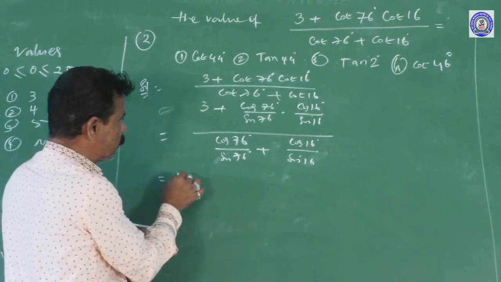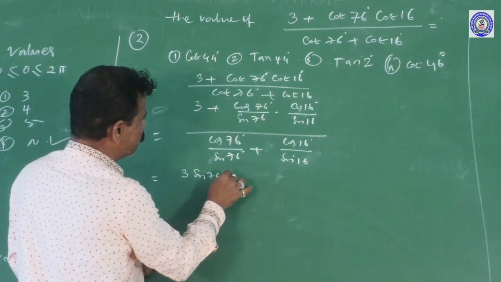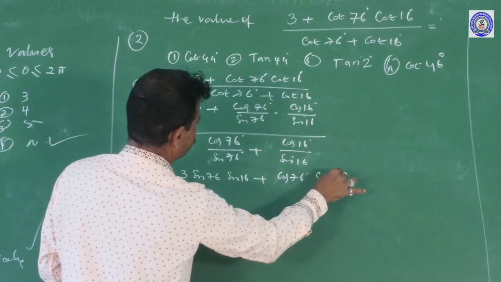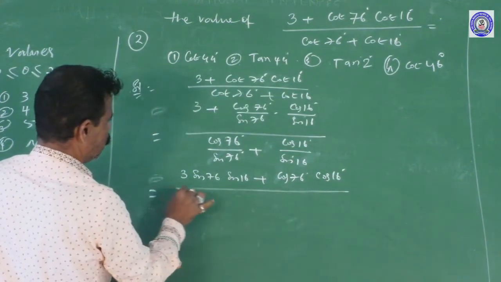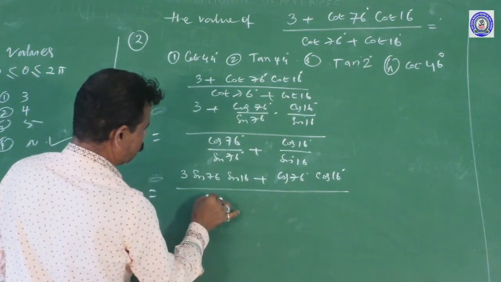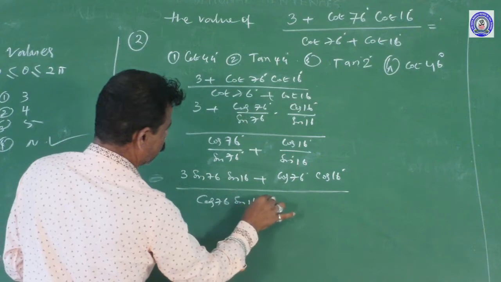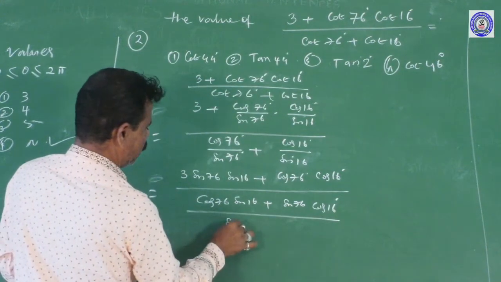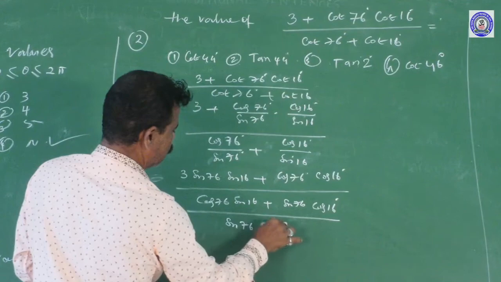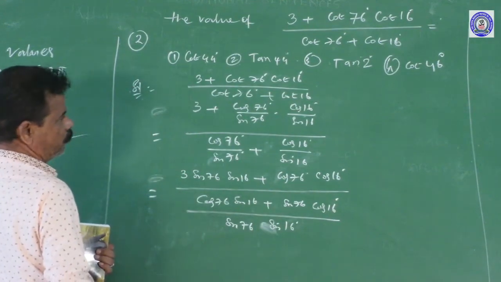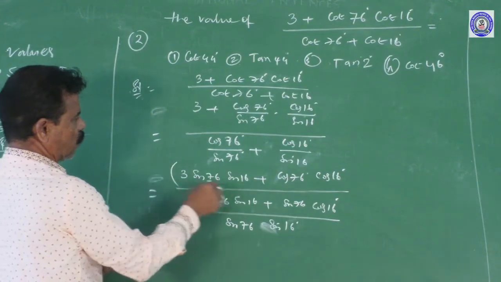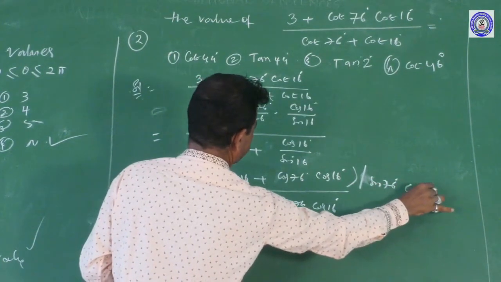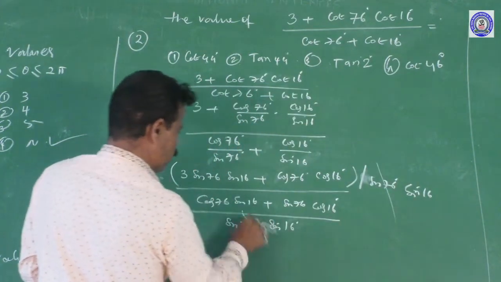After the LCM, it is (3 sin 76 sin 16 plus cos 76 cos 16) by (sin 16 cos 76 plus sin 76 cos 16), with sin 76 sin 16 in both denominators. So this denominator is cancelled.